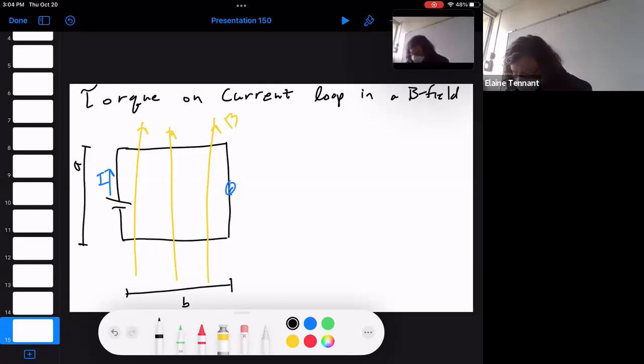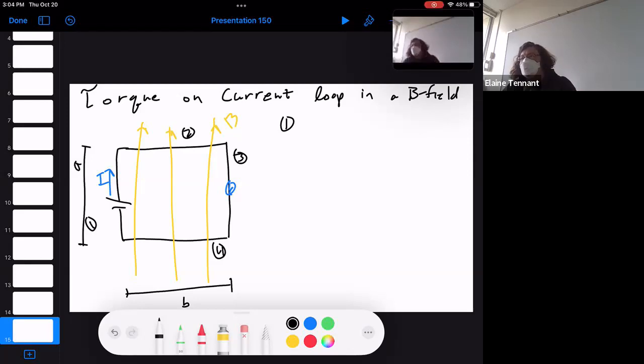Okay, so what we're going to do is calculate the force on each side of this. Then we're going to define an axis of rotation. Then we are going to find the torque acting on this. So, sides 1, 2, 3, 4. Starting on part 1. We have a nice straight line, so we don't need to do the integral.